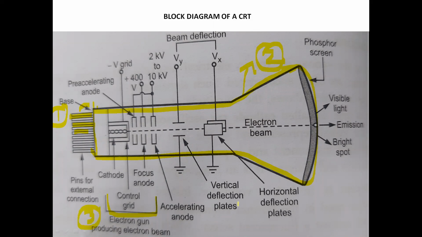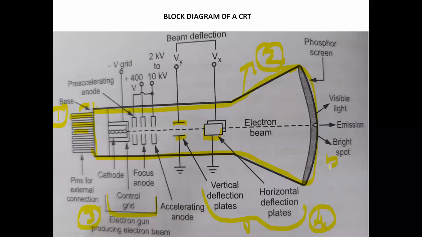Okay, next, the fourth section is the deflection section. The deflection section consists of vertical deflection plates as well as horizontal deflection plates. So these two form the fourth section, that is the deflection system.